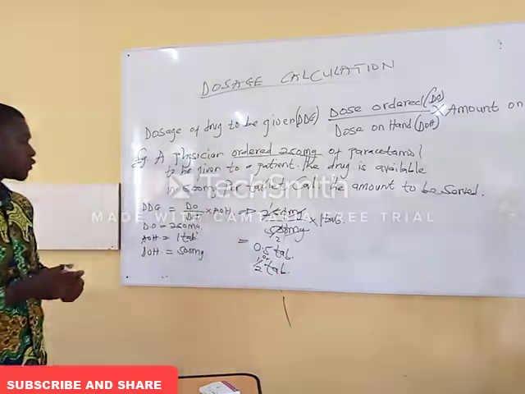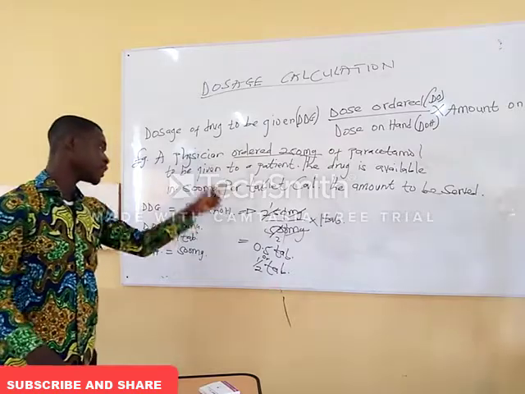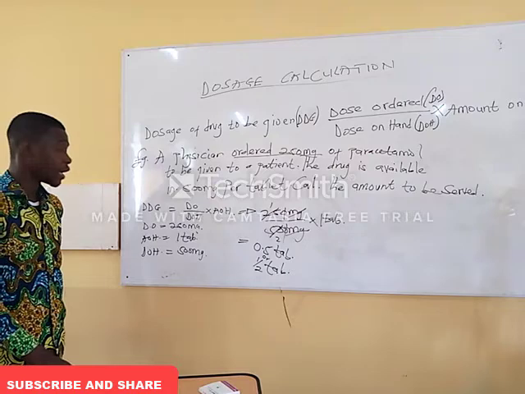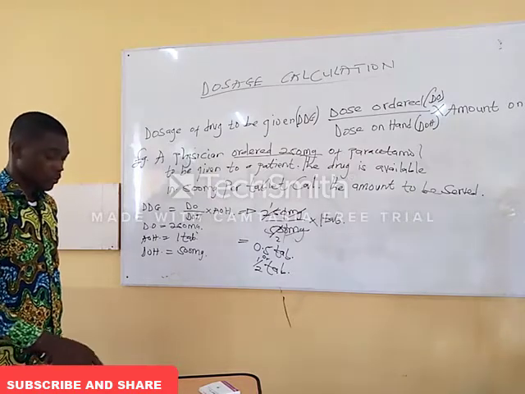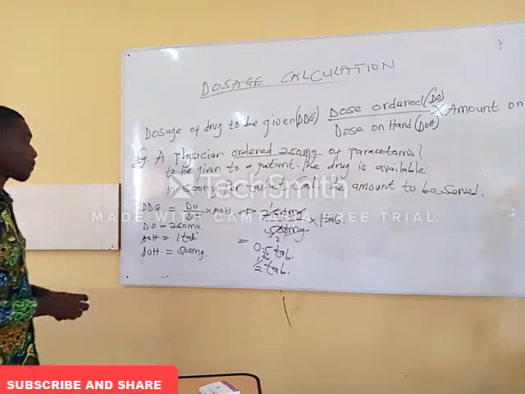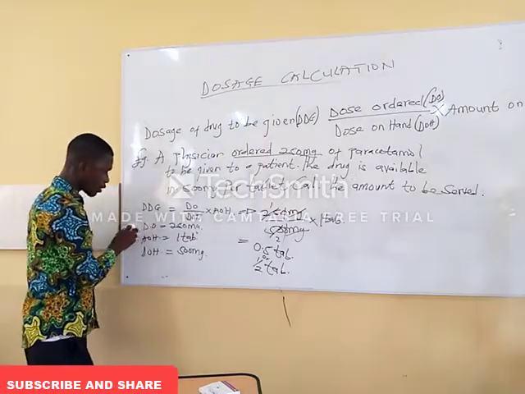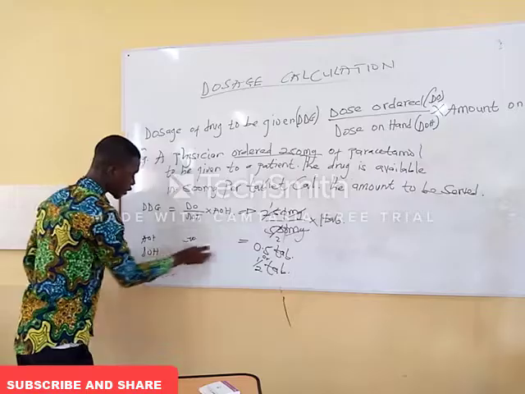So you are going to give half of this PMOL to the patient. I hope you are through with that. So we can continue. Let's take another question and try our hands on that.